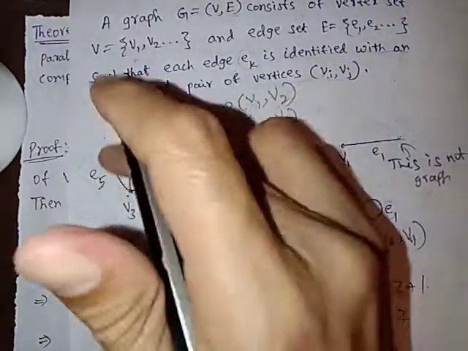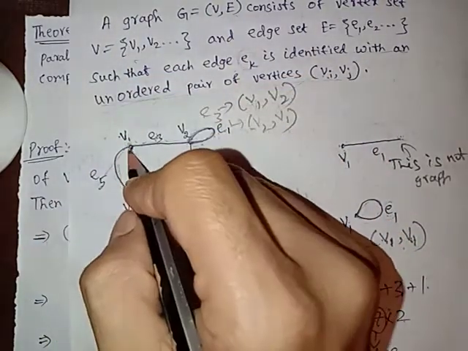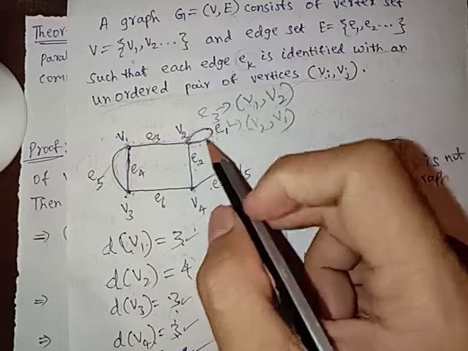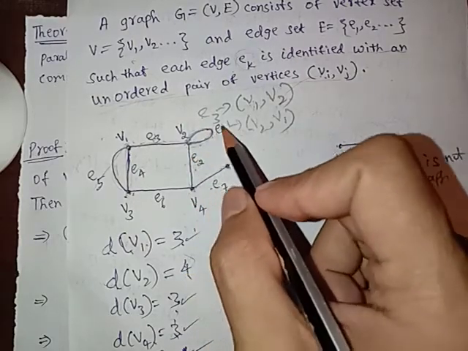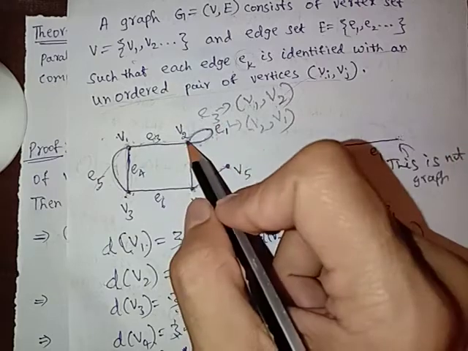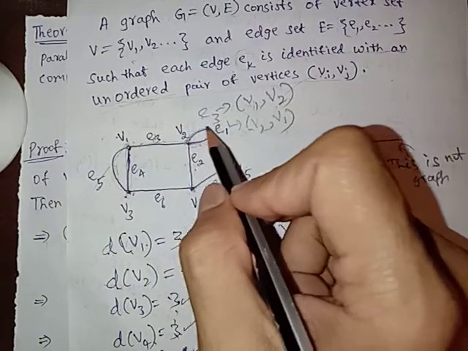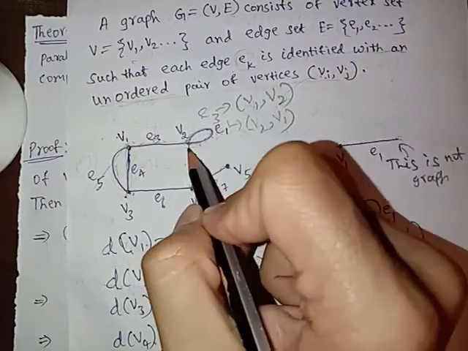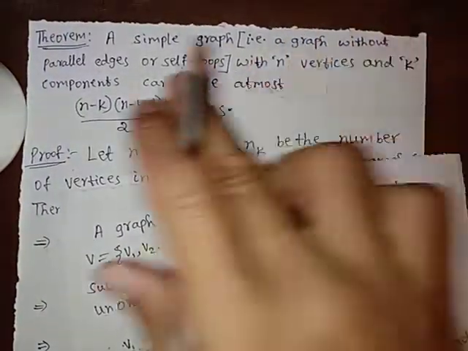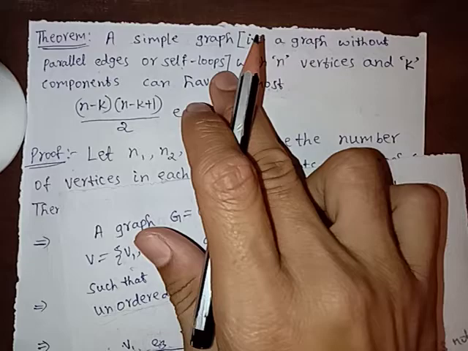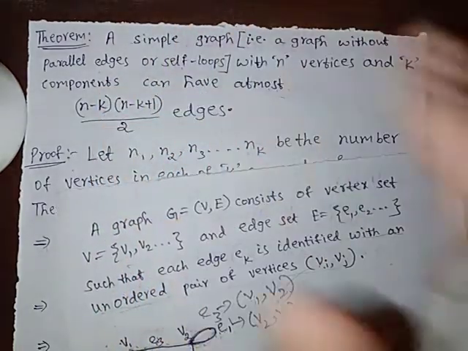If we remove this one, there is no parallel edge. Now this is called a self loop: when one edge is incident on the same vertex twice. So a graph without parallel edges or self loops is called a simple graph.